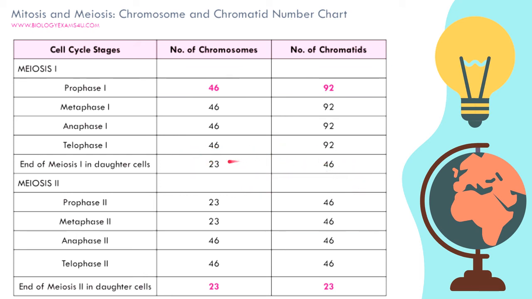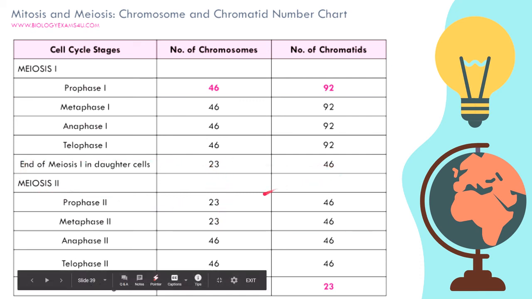The cells will now undergo second meiotic division, wherein the number will be further reduced into half. So from 23 chromosomes or 46 chromatids, after prophase 1 and metaphase 1, they will now be separated from each other, but the cell is continuously elongating.